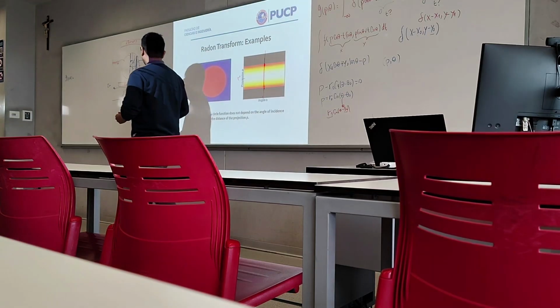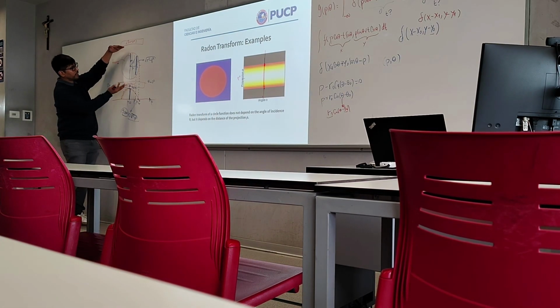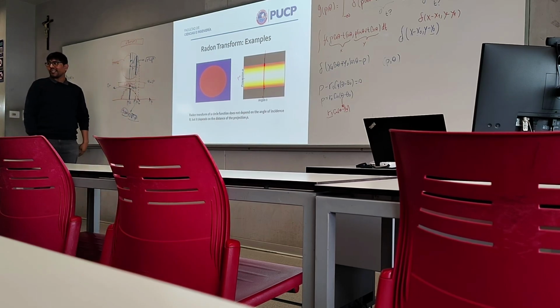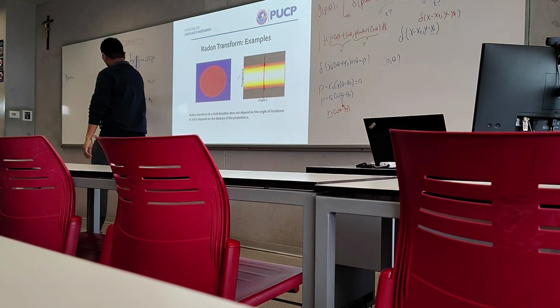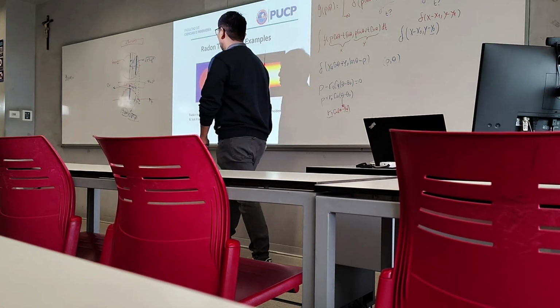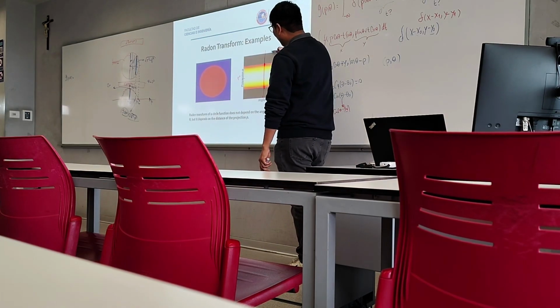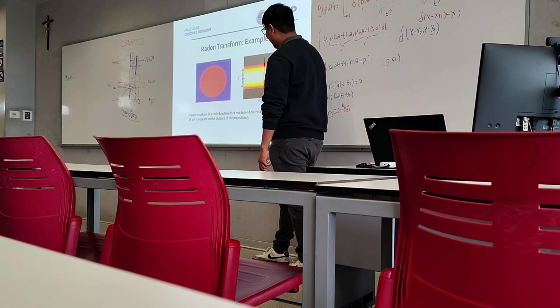And the interesting thing of the circle is that if you change the source and detector to another position, the projection will look the same, right? Because it has symmetry in the circle. It means that this kind of function will be the same for other angles, and that will be the case for all the possible angles. That's why it looks constant, independent of the angle.